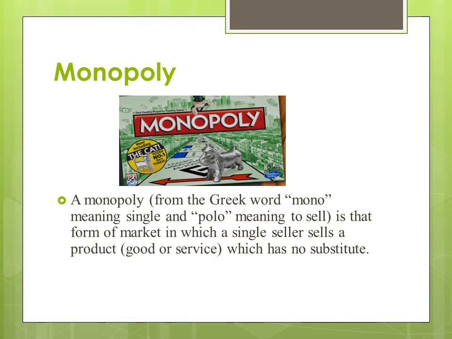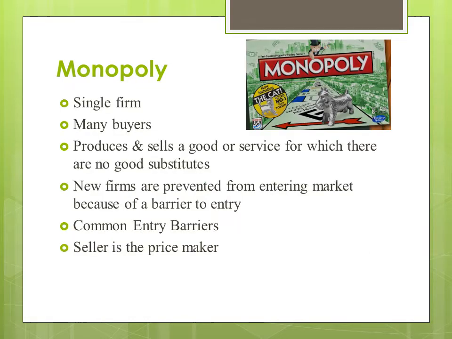In other words, monopoly is a model of market where there is no close substitute, there is a single seller and producer of a product and there are many buyers; it produces and sells a good or service for which there are no good substitutes.